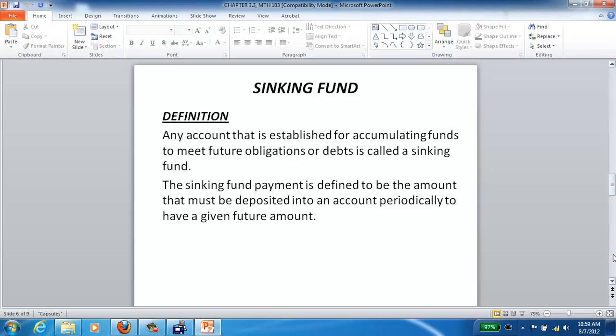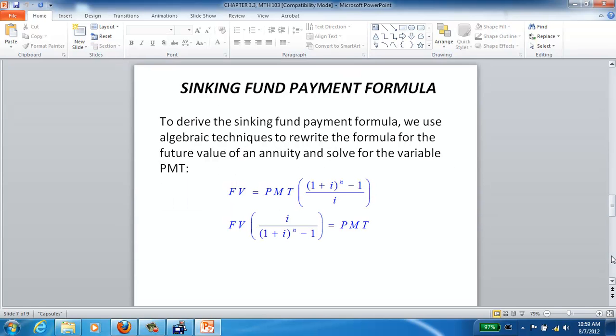Now we know the future value and we have to figure out the payment. So for the formula, we have to solve the previous formula for the payment. As a result, the payment will be the future value times the interest rate over (1 plus i, the interest rate) raised to the power of n, minus 1. But again, we may use the graphing calculator. The difference is that now the unknown is going to be the payment.